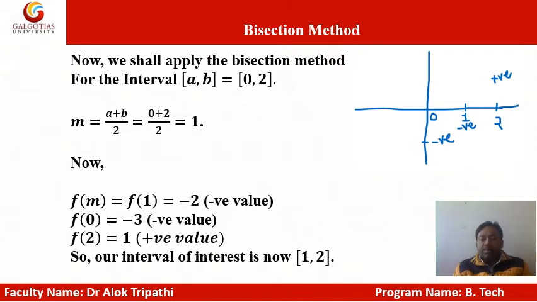Therefore the intermediate value theorem cannot be applied here. But for x equal to 1, we have a negative value of the function, and at the end point 2 we have a positive value of the function. Therefore we can apply the intermediate value theorem, and it guarantees that the root of this function will lie inside 1 to 2.